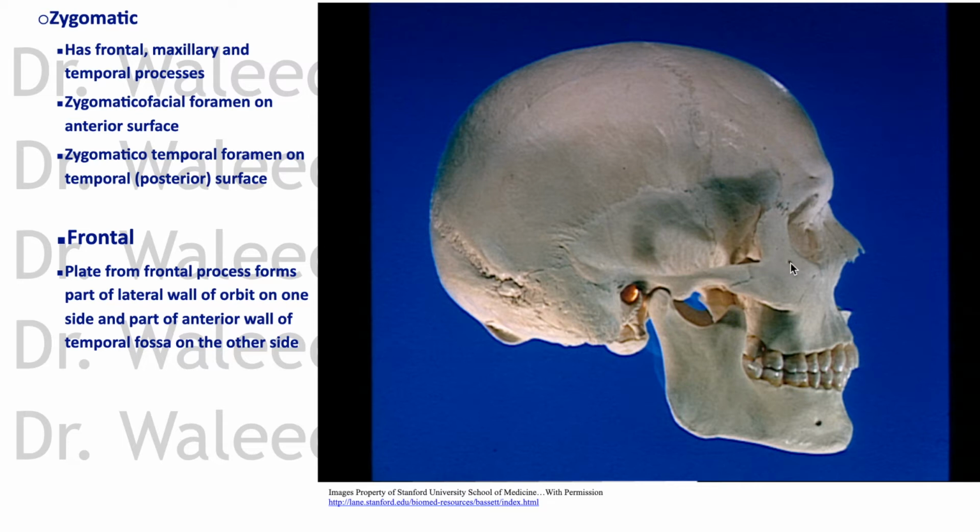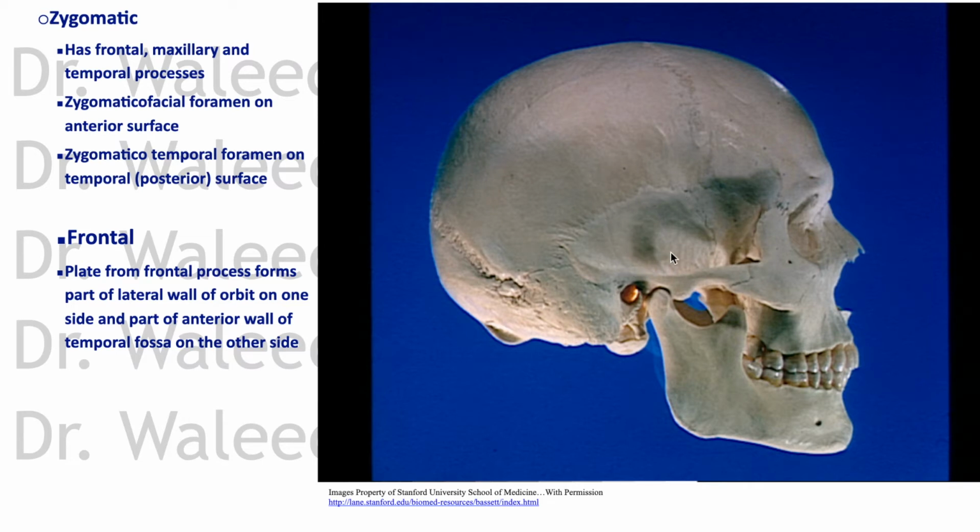We have a foramen like this at the back of the frontal process of the zygomatic called the zygomaticotemporal foramen. So we have zygomaticofacial at the front and zygomaticotemporal at the back. And since it's at the back, it's actually part of the temporal fossa.